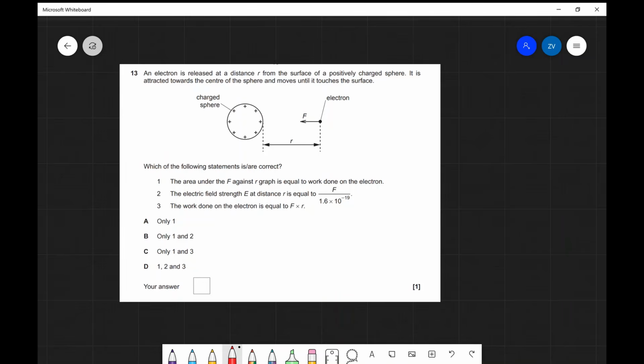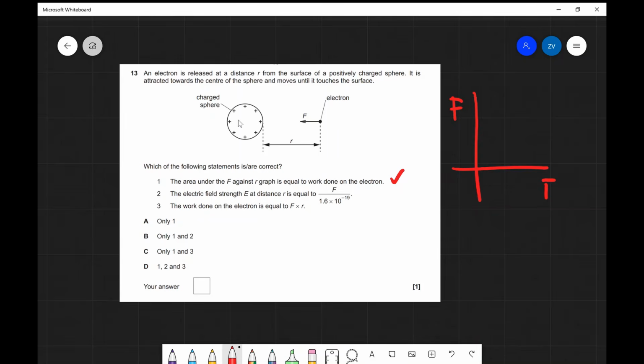Okay, so the first one: the area under the F against r graph is equal to the work done on the electron. Yes, this is correct. The reason is that work done in general is the area underneath a force against distance graph.